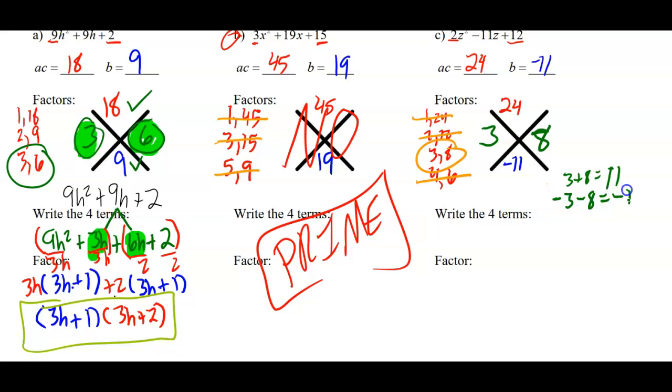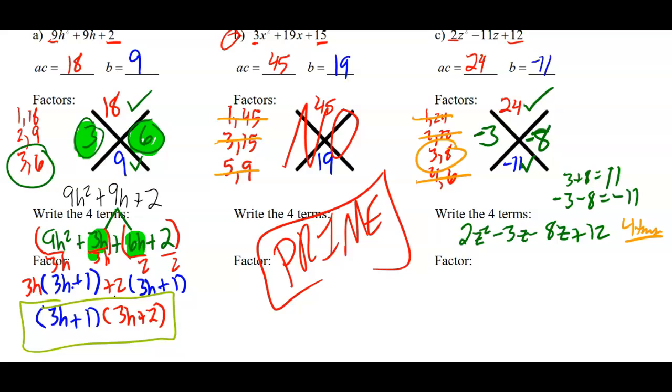So I have negative 11. So if I make these both negative, then this checks. And then negative times negative is positive, so that checks. So let's write our four-term set. 2z squared, negative 11z turns into minus 3z minus 8z, and then plus 12. So now I've got my four terms.